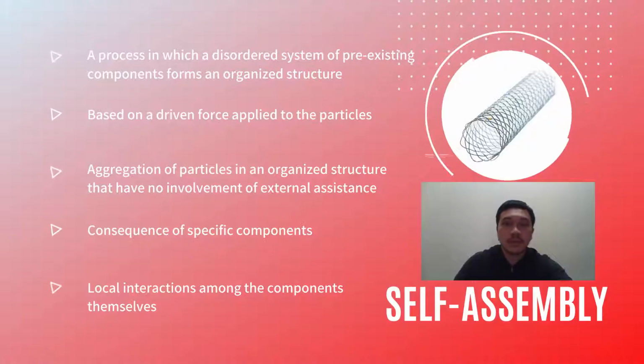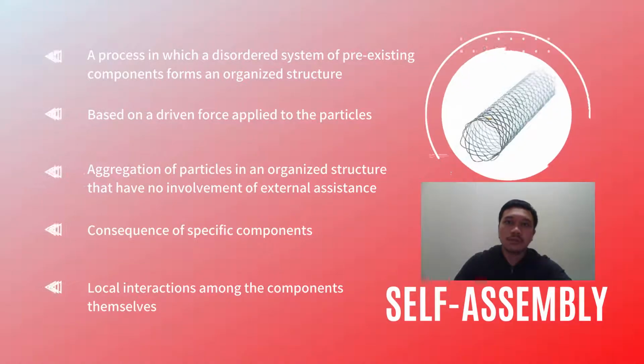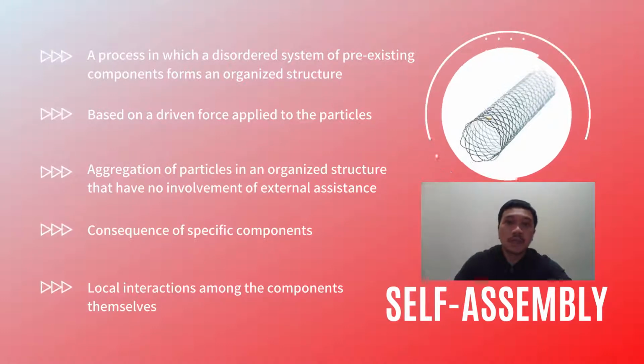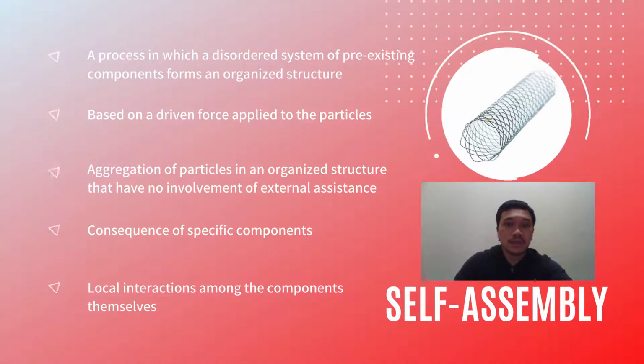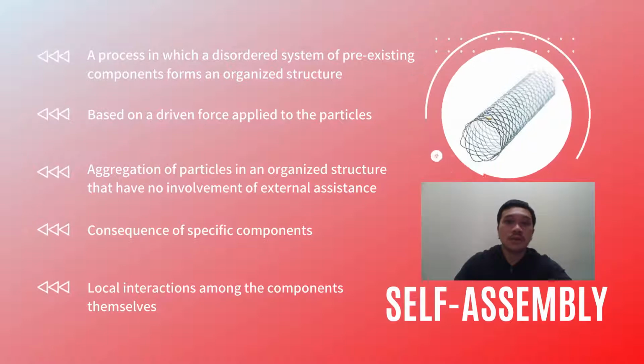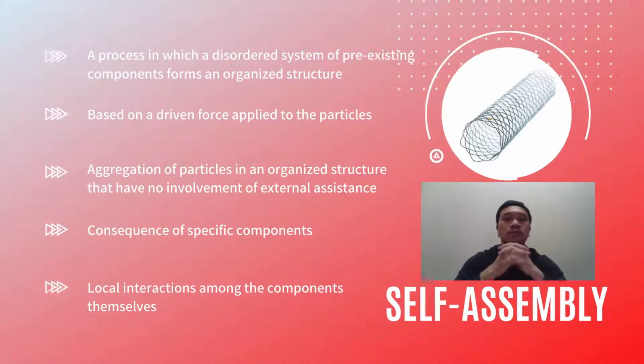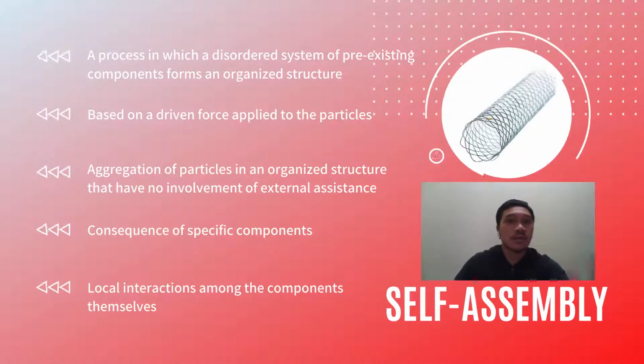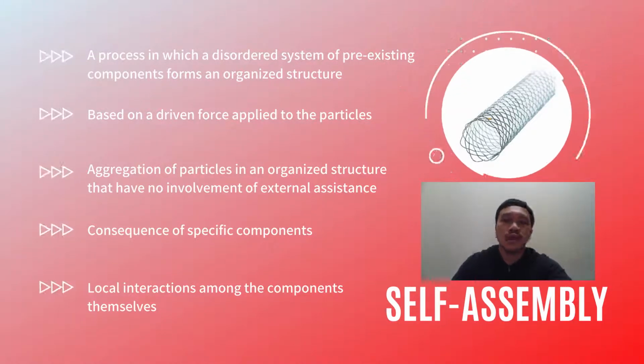Thank you. Now we will start with our main objective, which is what does self-assembly mean. So basically, self-assembly is a process in which a disordered system of pre-existing components forms an organized structure. It is also based on a driven force that is applied to the material itself.